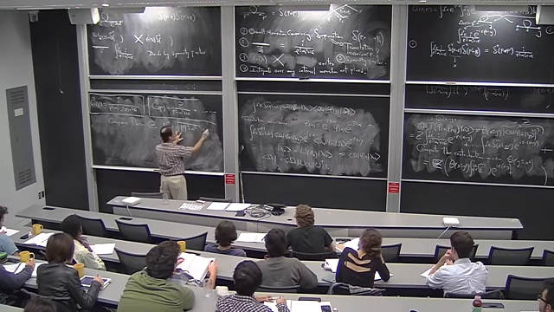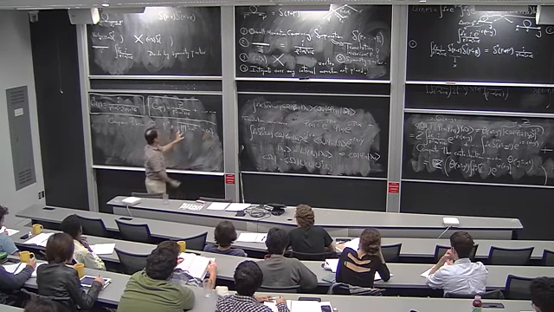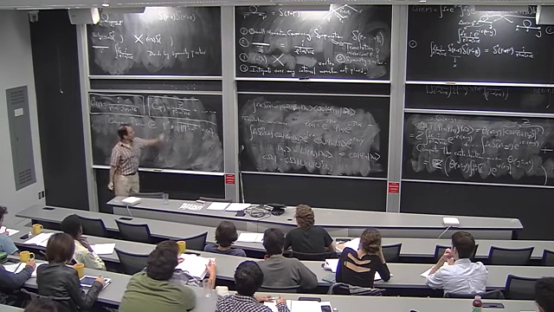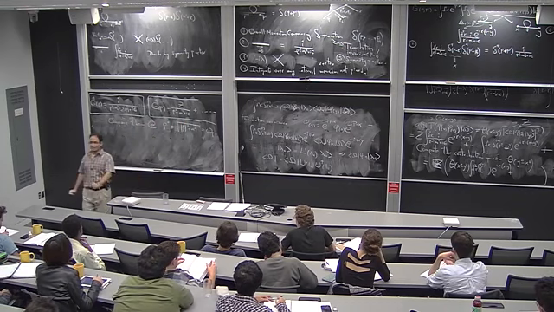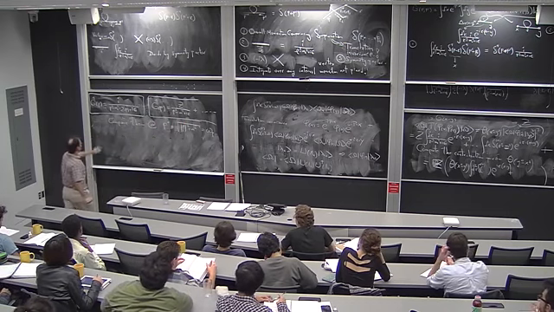Remember, this is what we call omega p, or omega k. So if we evaluate this object very, very close to this point, what happens to it? It diverges.